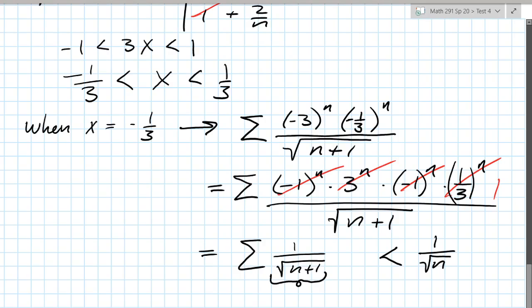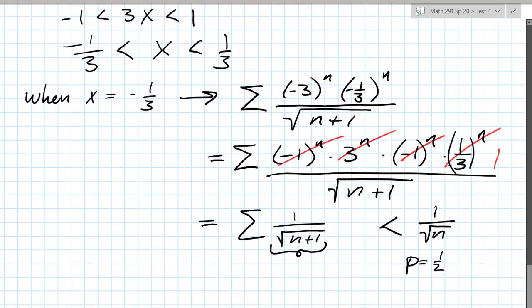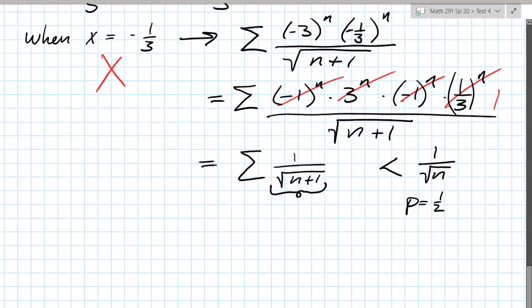So we're using the comparison test, comparing the thing that we don't know with the thing that we do know. And the thing that we do know is this is a p equals 1/2, so a divergent p series. So I'm going to put an x here because it's divergent. Divergent when x is negative 1/3.